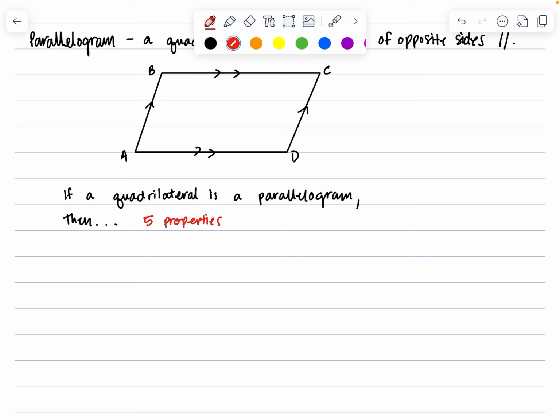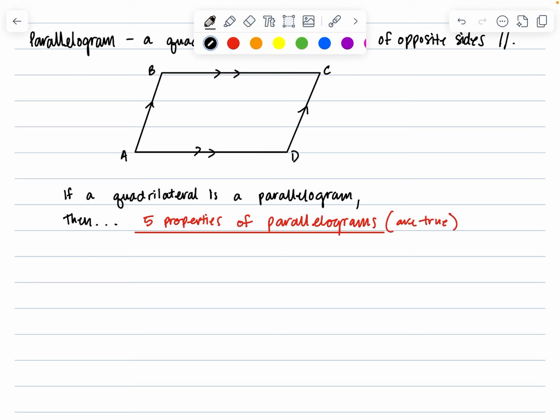Kind of like how we had if parallel lines, then these 5 angle pair relationships are true, like alternate interior angles are going to be congruent, or same side interior angles are supplementary. These come up again in this particular unit, and it's used to prove some of these true. So these 5 properties of parallelograms, in parentheses, are true. And this is always true.